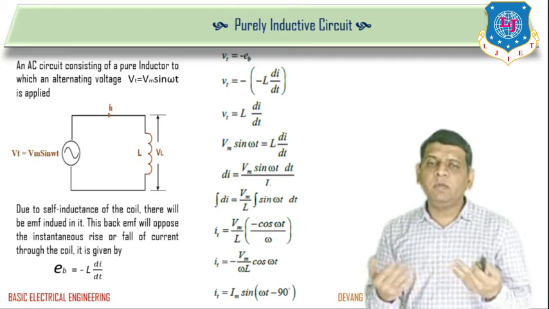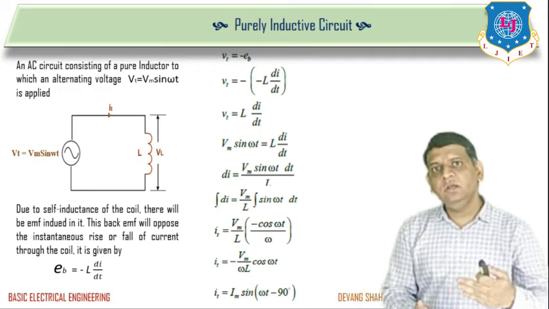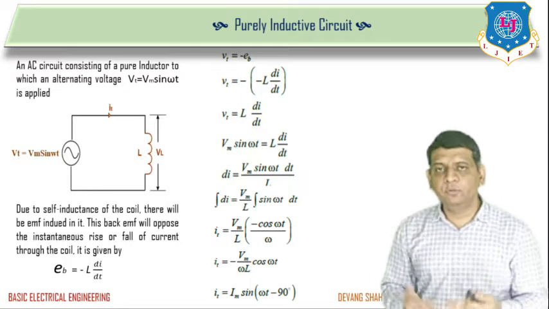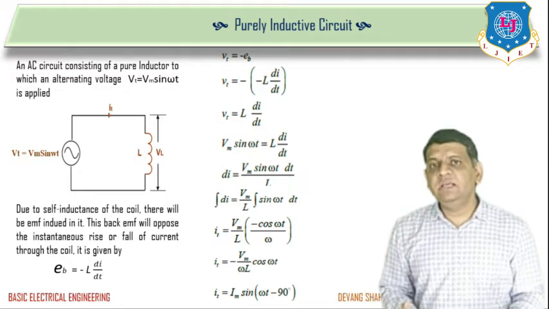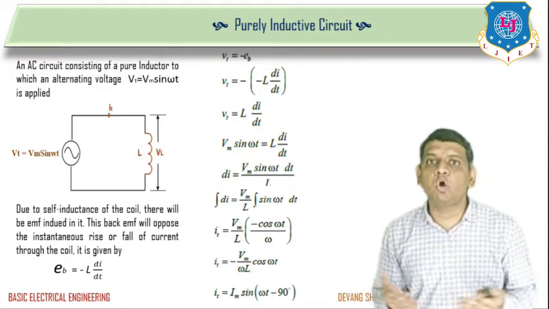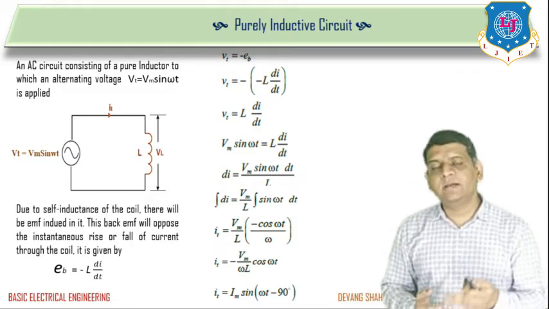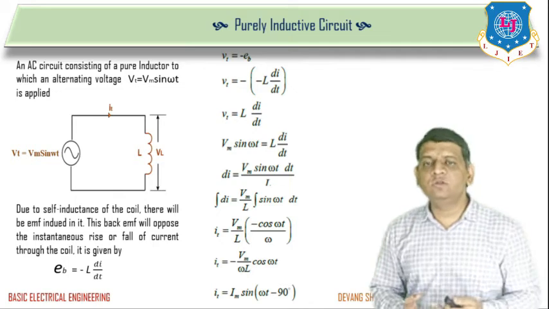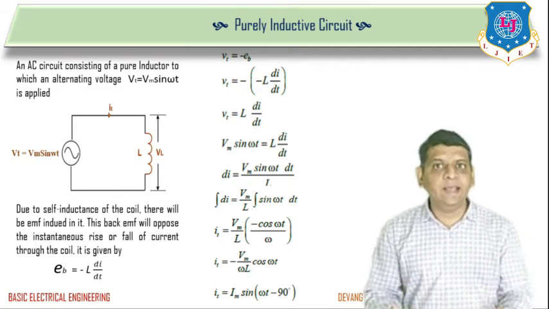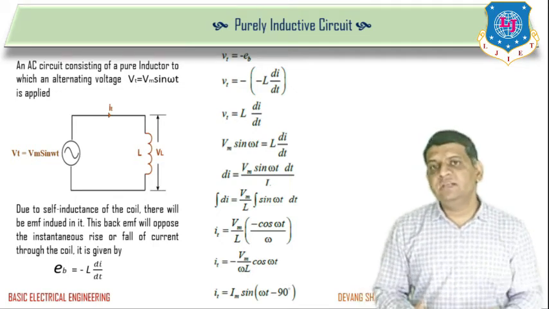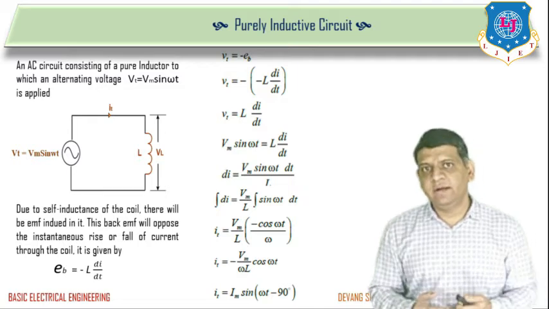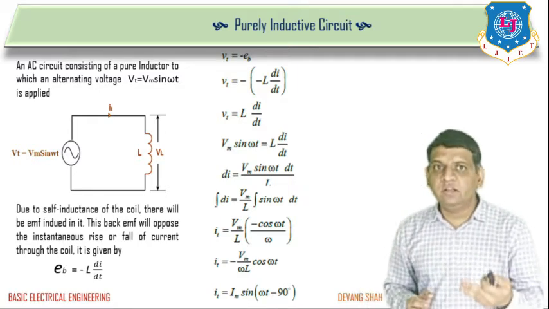So from this you can find the back EMF, but in the opposite direction of the applied voltage. So I can write here Vt is equal to minus Eb because it's in the opposite direction, right? So using the equation Eb is equal to minus L into dI by dt, here Vt is equal to minus in bracket minus L into dI by dt. So Vt is equal to L into dI by dt. Right, now I am rearranging this equation and taking the integration.